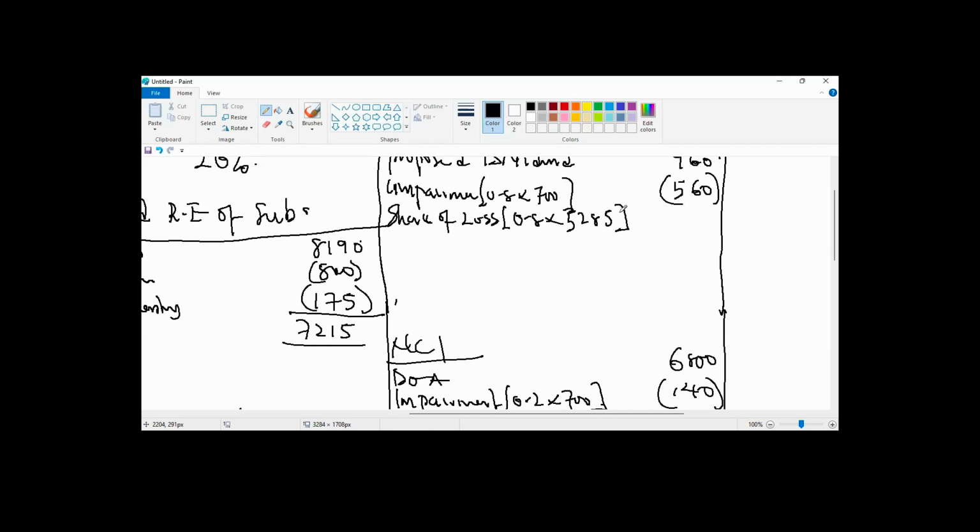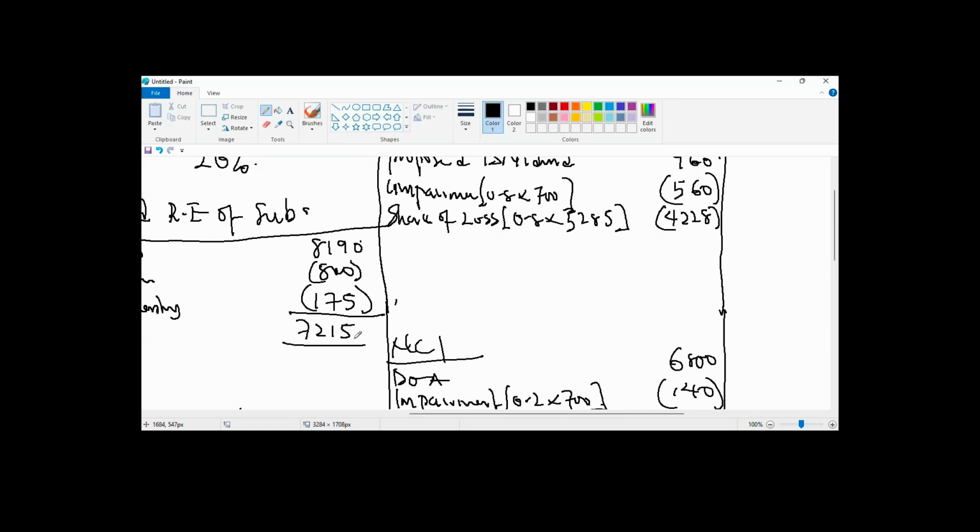Mm. 5285. Sorry, mine does not agree with your share of loss. I didn't get how you got your share of loss. Please, can you take it again? The loss, the 5285. I got 5110.